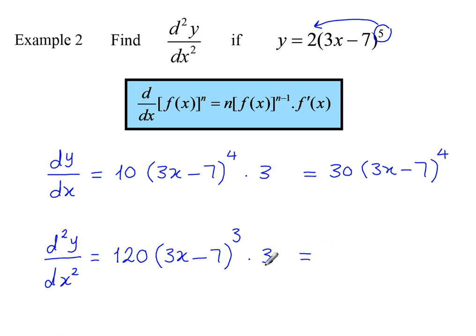That equals, 3 times 120 is 360, so 360 times 3x minus 7 to the power of 3. So this here is the second derivative of the function that we started with.